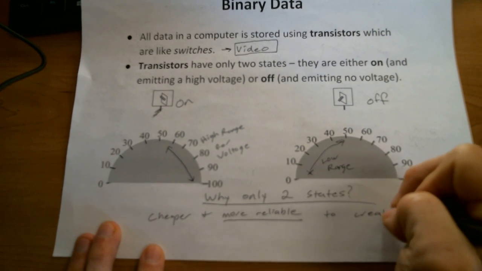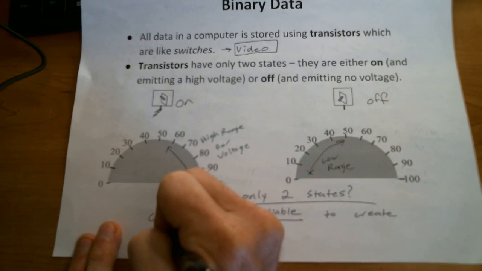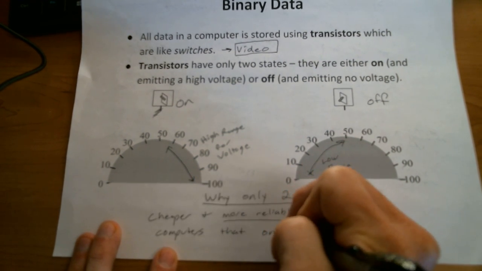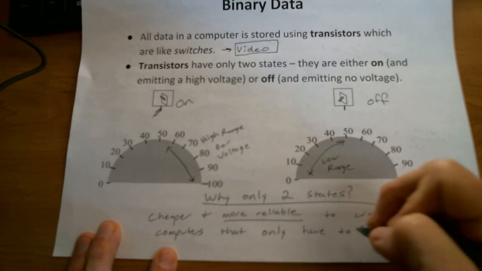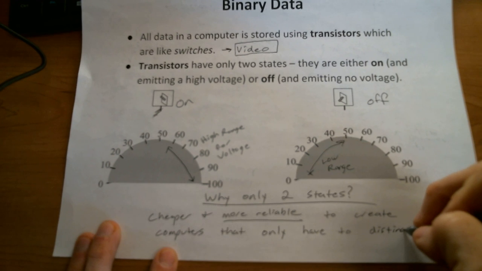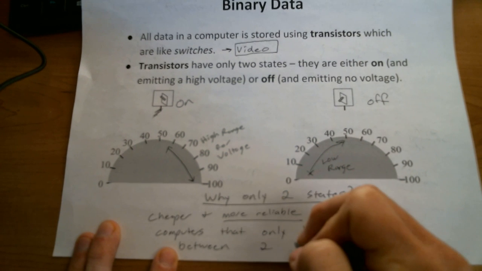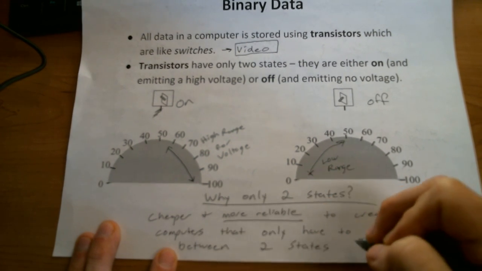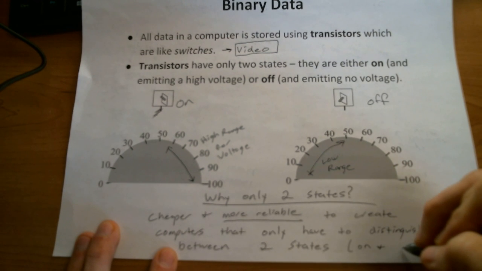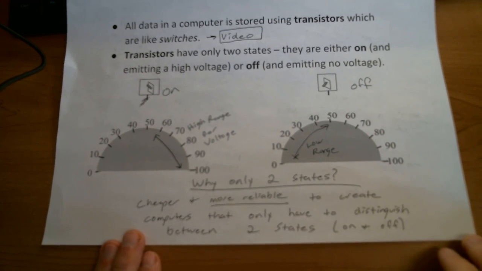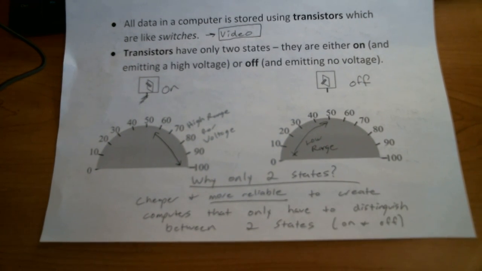To create computers that only have to distinguish between two states, on and off, is going to allow us to make things cheaper, more reliable, and quicker. All important properties when you're talking about a computer.